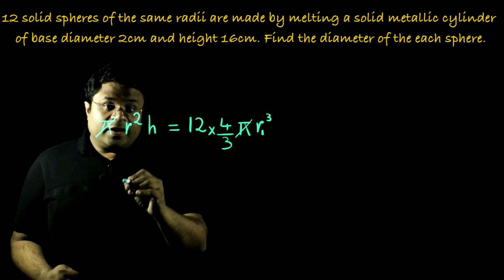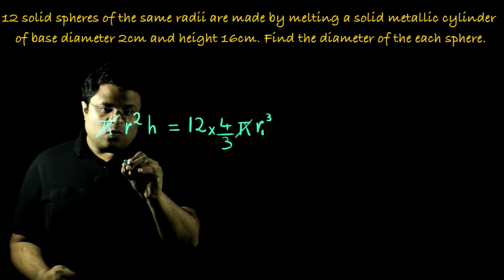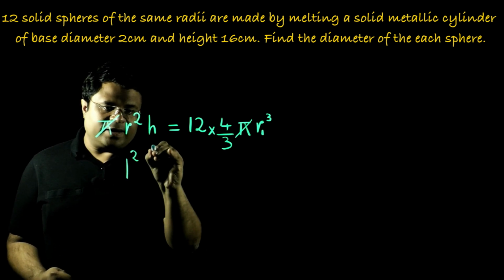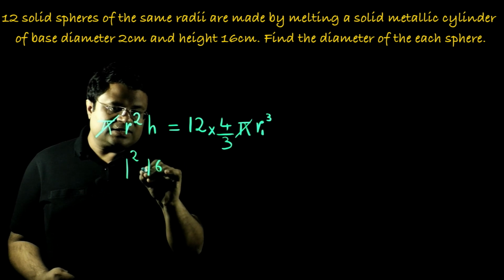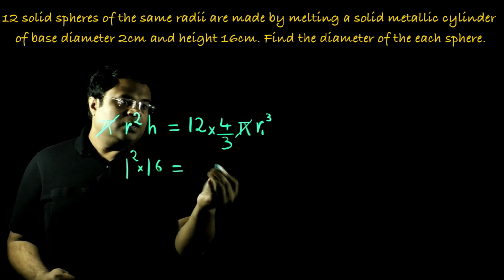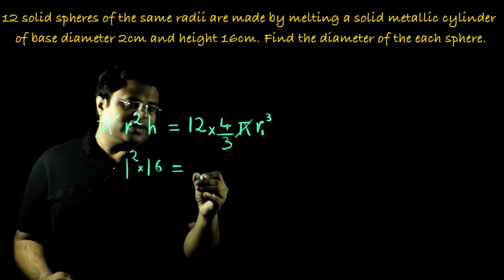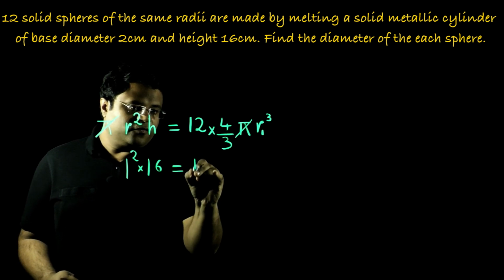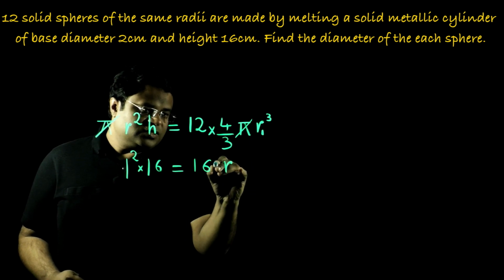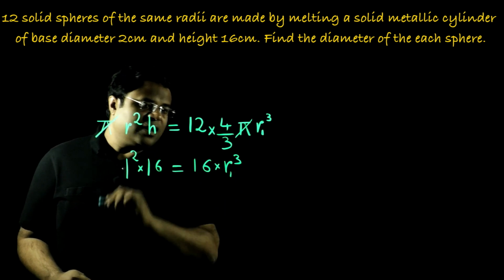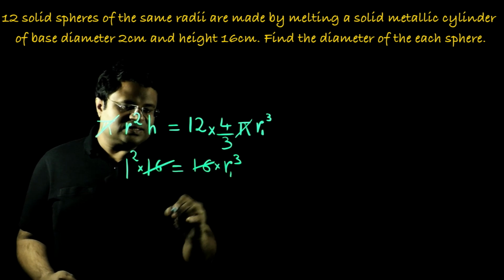Now the radius is 1, square it, height is 16. Now let's see what happens here. 3 and 12 get cancelled. We get 4. 4 into 4 is also 16, which is multiplied by r1 cube. So 16 gets cancelled.